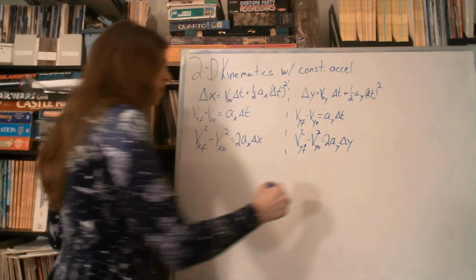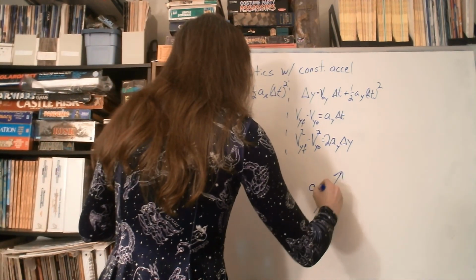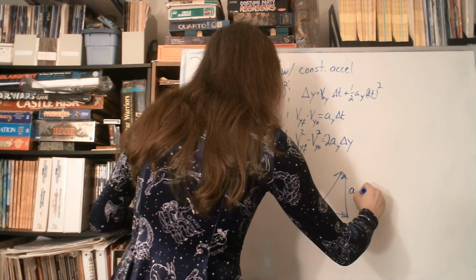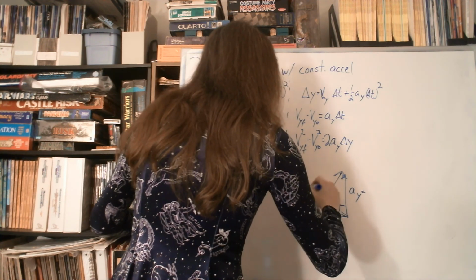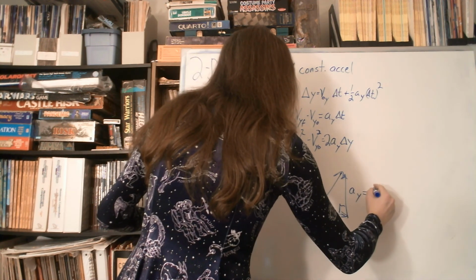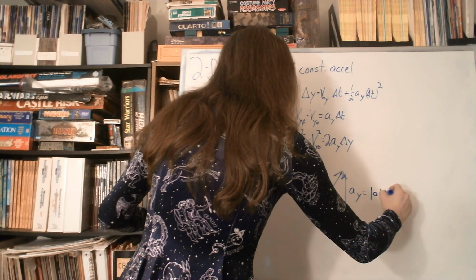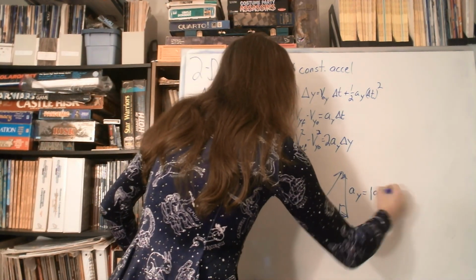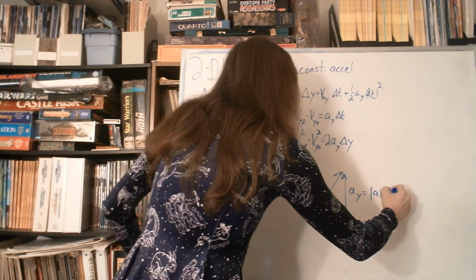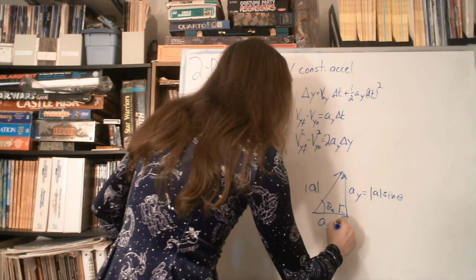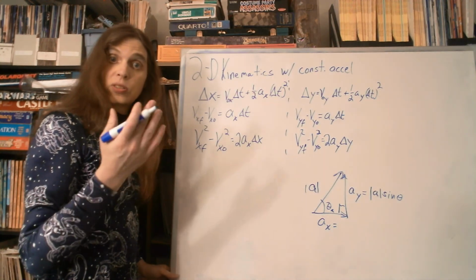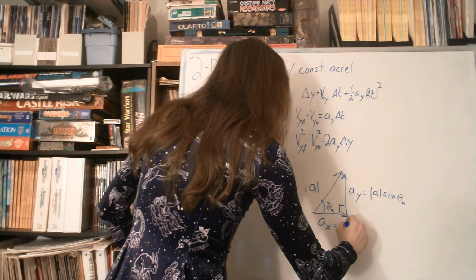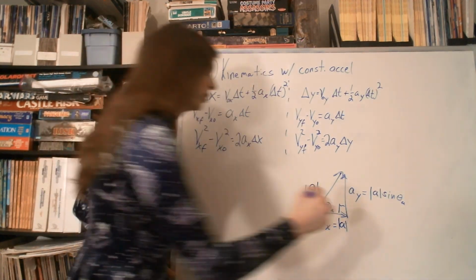So we could have some overall acceleration with components that are related to the size of the total acceleration times the appropriate trig functions related to their angles for the appropriate components.